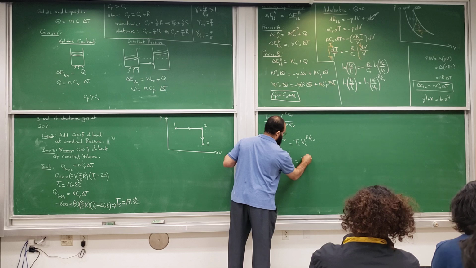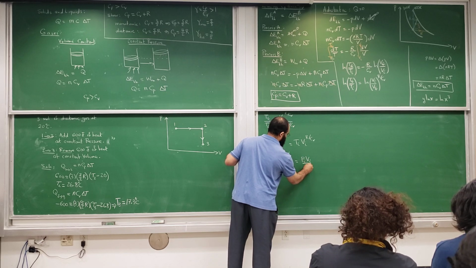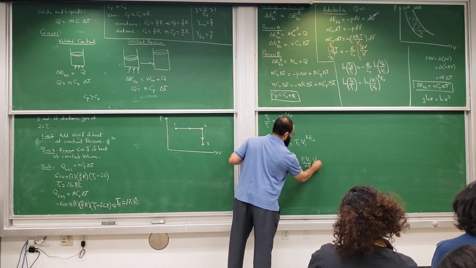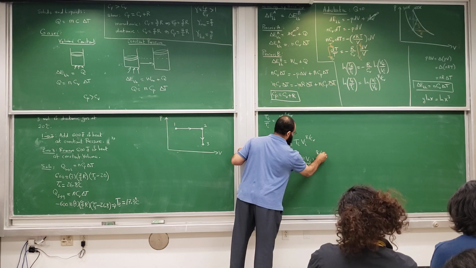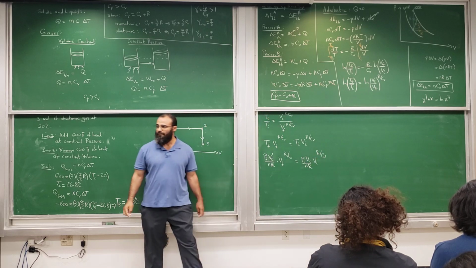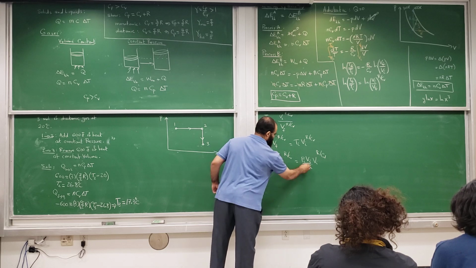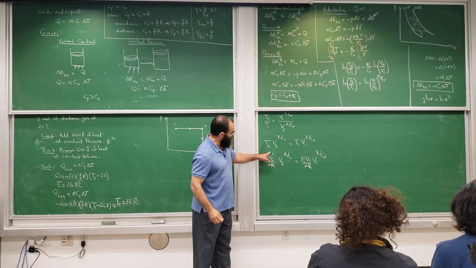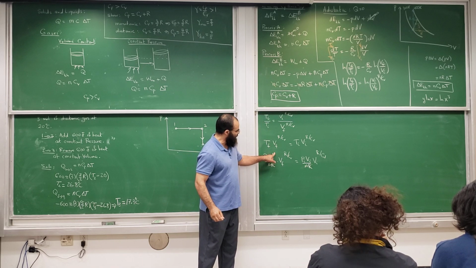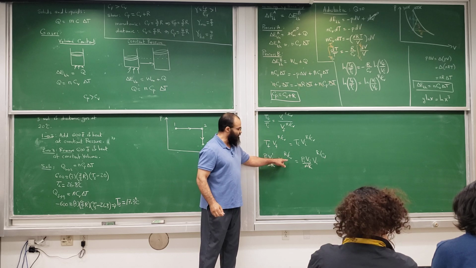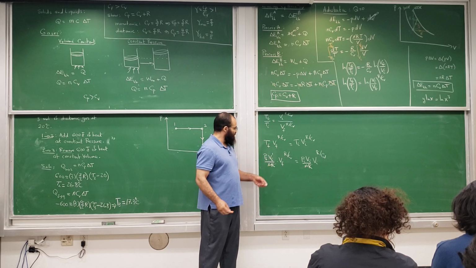So P initial V initial over NR, and then V initial to the R over Cv. Okay? And NR cancels. And then here you would have V final to the first power times V final to the R over Cv, so the power is Cp over Cv. So you just have this.